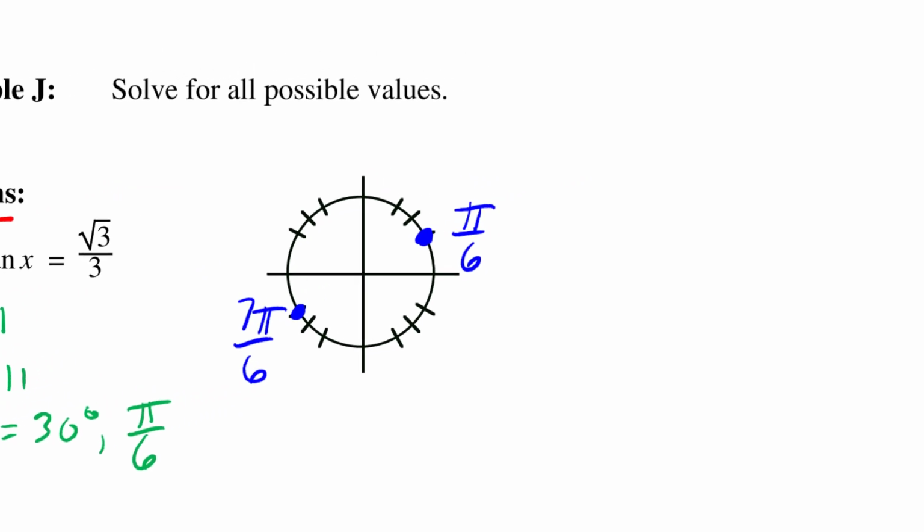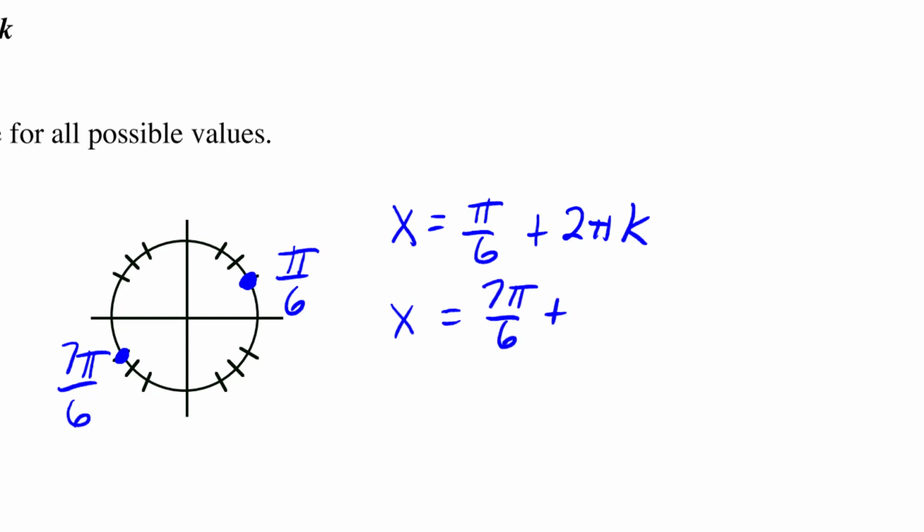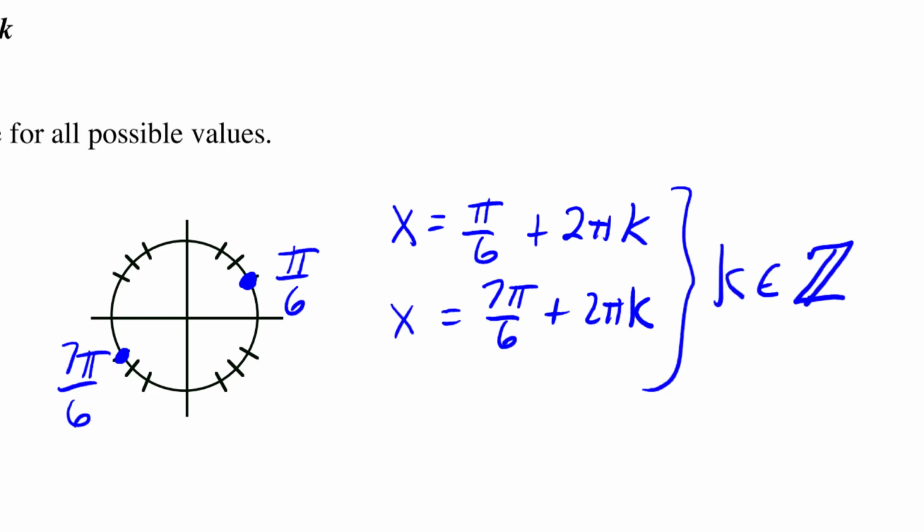So again, finding all possible radian values, we can write each one separately. Pi over 6 plus 2 pi k. 7 pi over 6 plus 2 pi k. K is an element of Z.